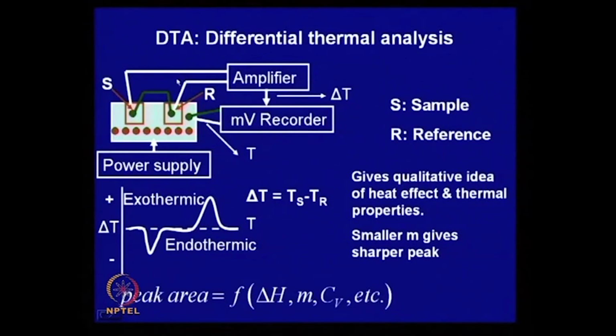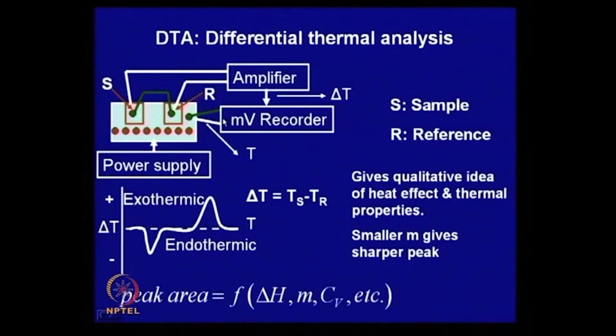But mind you, this magnitude is very small, you will need an amplifier to magnify it, and you note down this reading, the difference in temperature, and also you have another thermocouple kept in between, which monitors the temperature of that environment, and both go to the recorder.